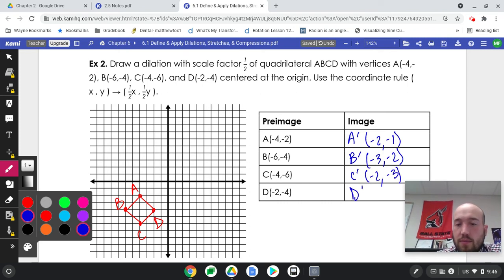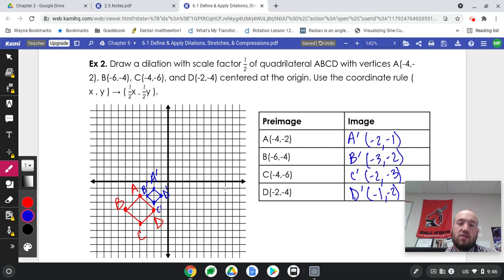And D prime, the final one, -1, -2. So as you can see, it is still a square, just smaller, and therefore closer to the center of dilation, or the origin in our case.